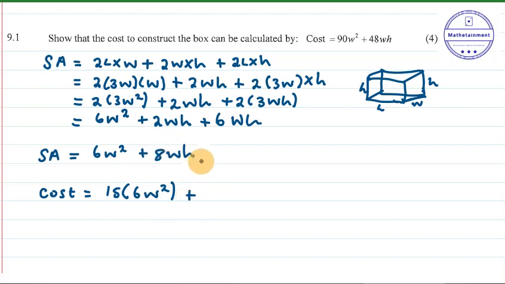Plus this part, which is the side part, the side view. This is the part that costs 6 rand. So you have 6 rand multiplying this side view.